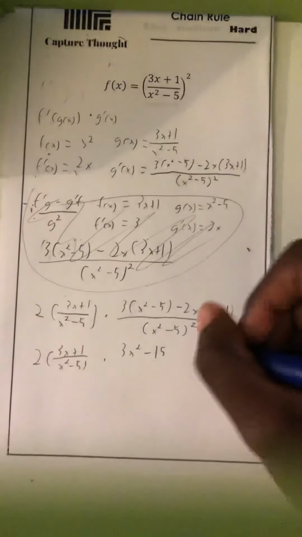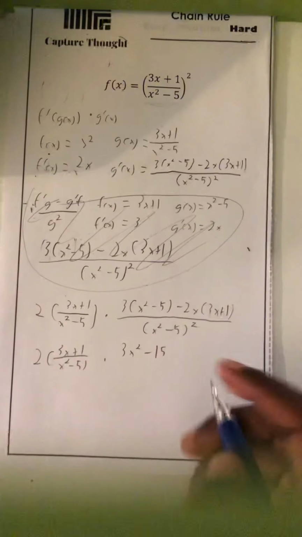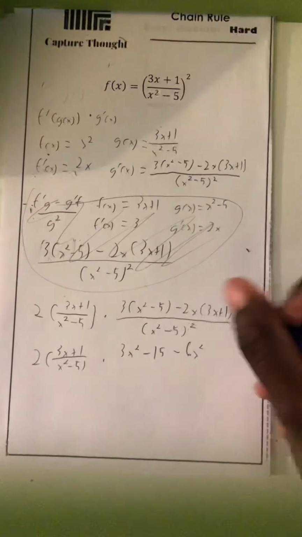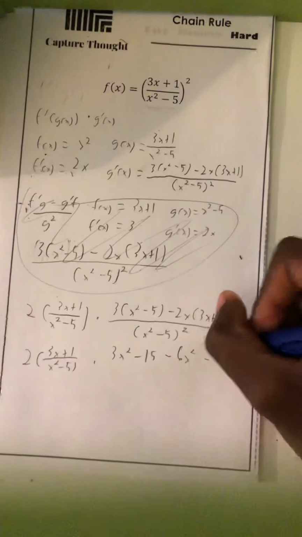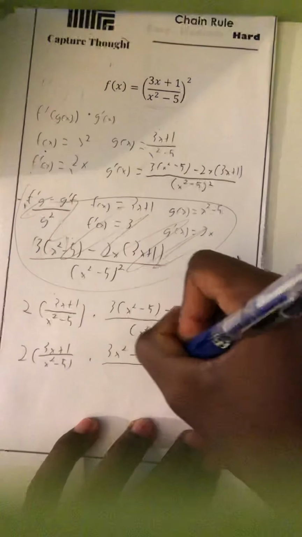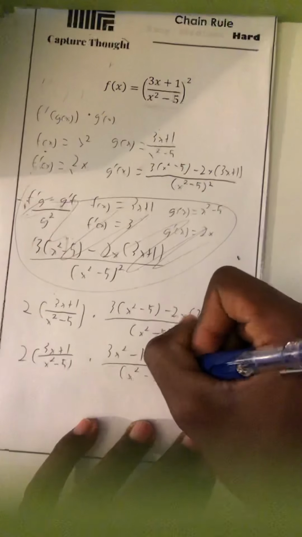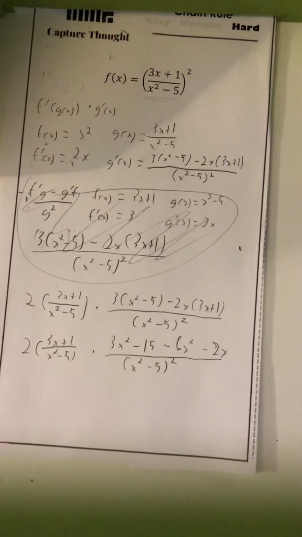And then since we're multiplying negative 2x times 3x, it'd be negative 6x squared, and then minus 2x, all over x squared minus 5 to the power of 2. And once we do that, then we can multiply these.